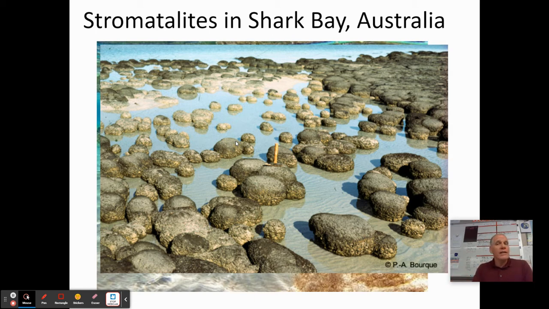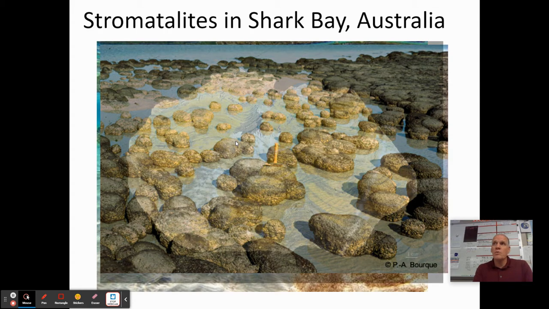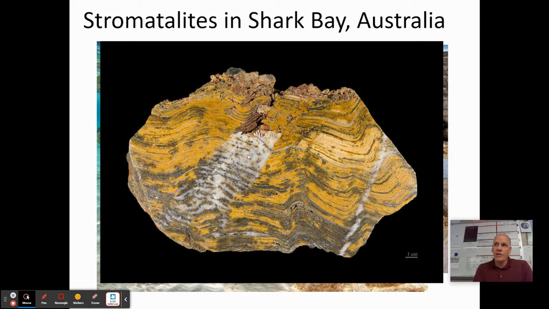So if you look at some of these fossil stromatolites, if you cut the rock in half, you see these nice banding patterns, and the bands represent the living bacteria. Well, they're dead now because they're fossils, and this rock is about 3 billion years old.